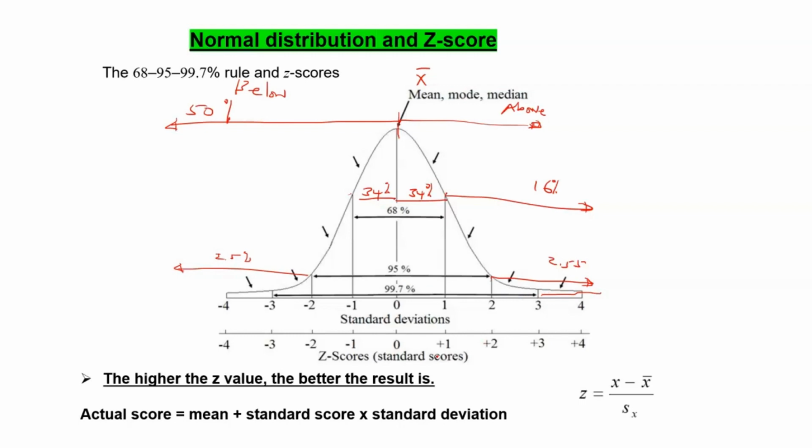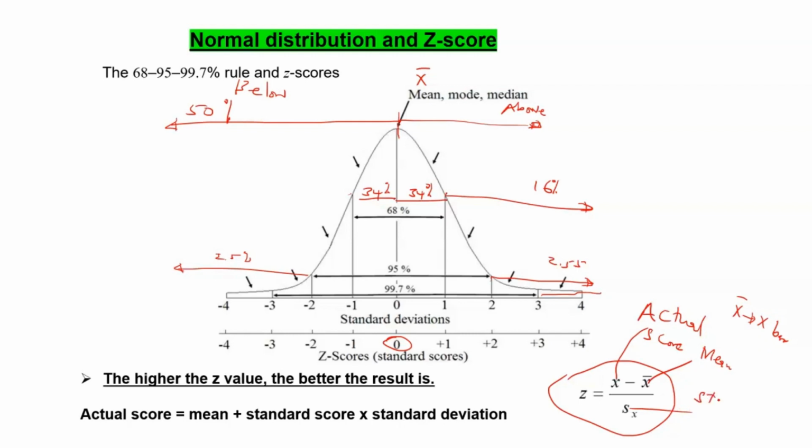The z-score at that point is 0, the standard score. And this is the formula we use. The x is the actual score, and the x bar is the mean, or the average, and Sx is the standard deviation of the sample.